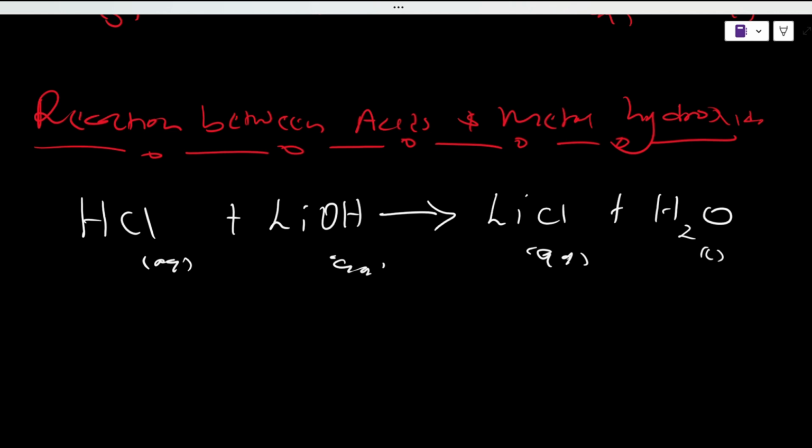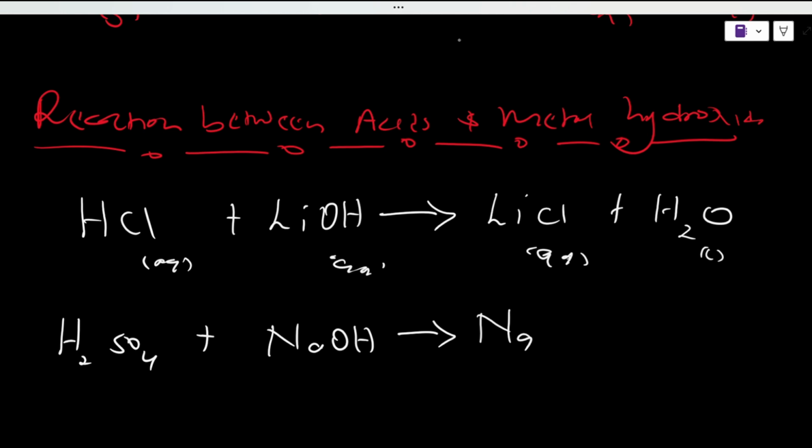Can try another example. Sulfuric 6 acid reacting with sodium hydroxide. I'm going to form sodium sulfate plus water.